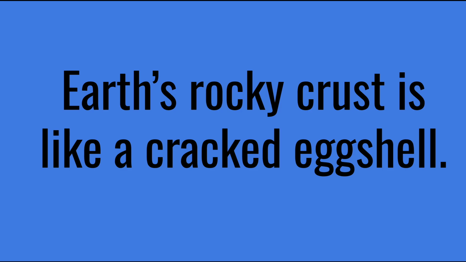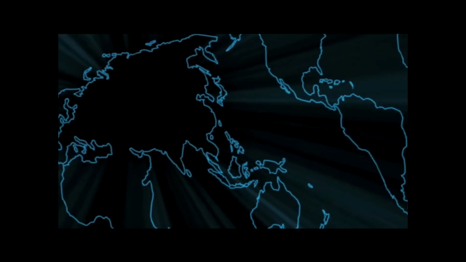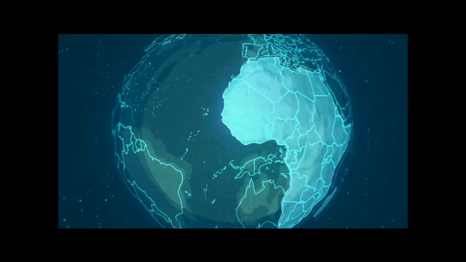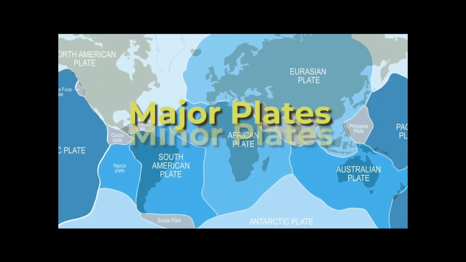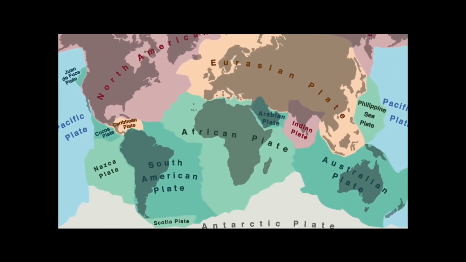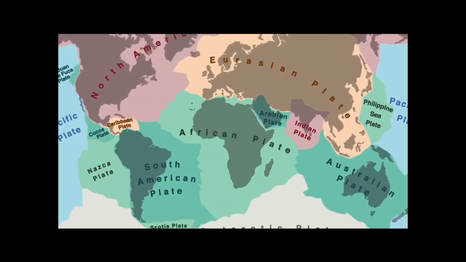Okay, now that you wrote down those notes, let's continue. Watch this video. These plates that sit closer to the surface are in fact huge. Some of them covering entire continents. And they're made up of major plates and minor plates. Check out this map. Here, you can see all the plates on Earth.